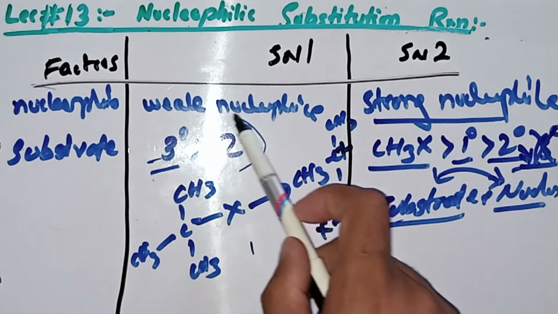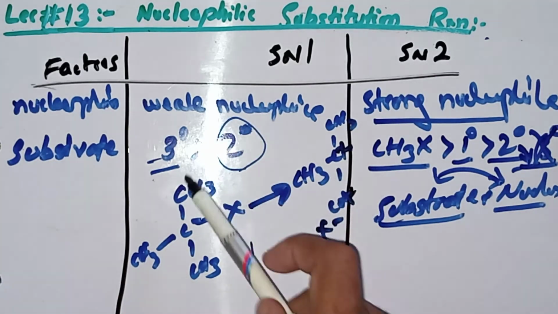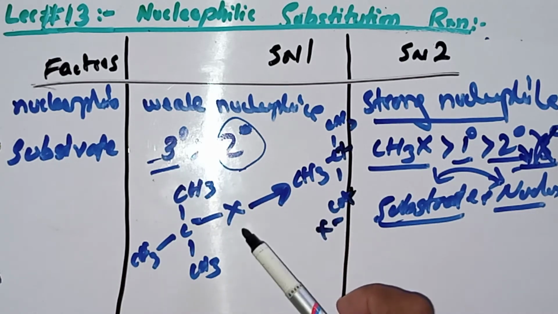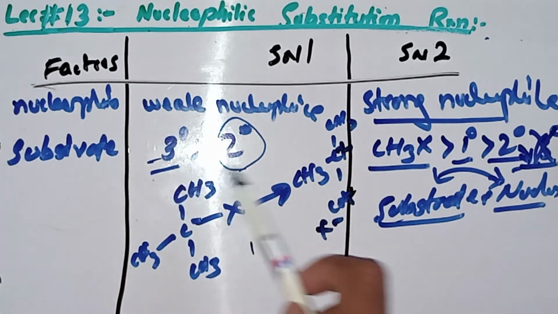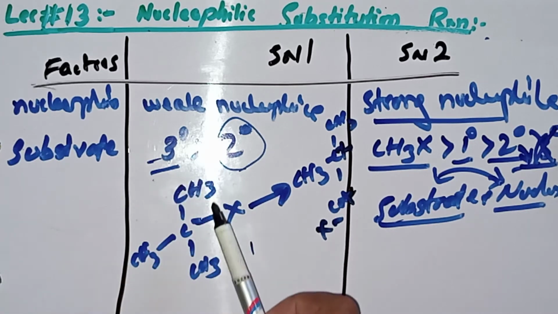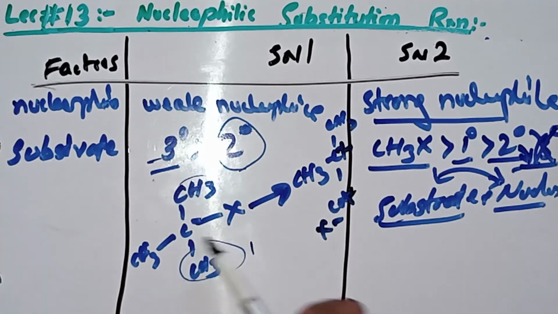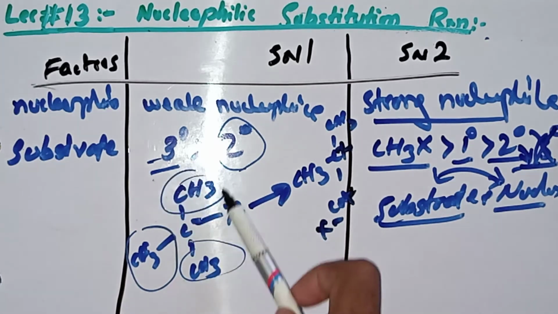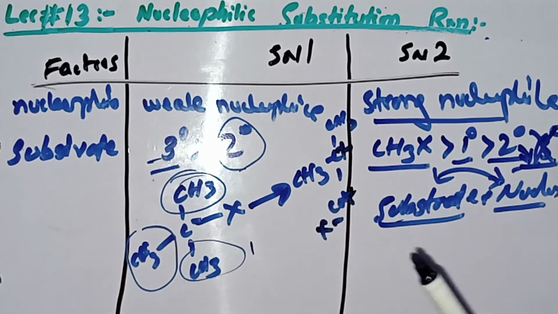In 2-degree alkyl halide, the carbocation is not as stable as in 3-degree carbocation. So substrates with more bulkiness and more electron donating groups attached undergo SN1 reaction best. I hope this point is clear.